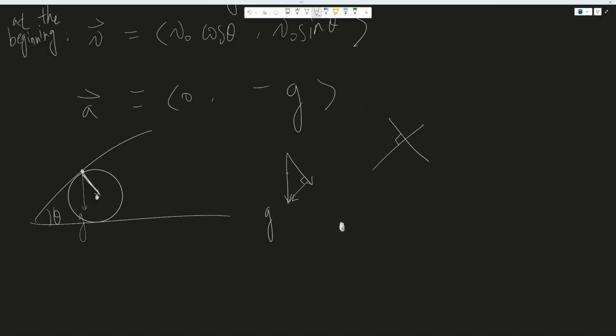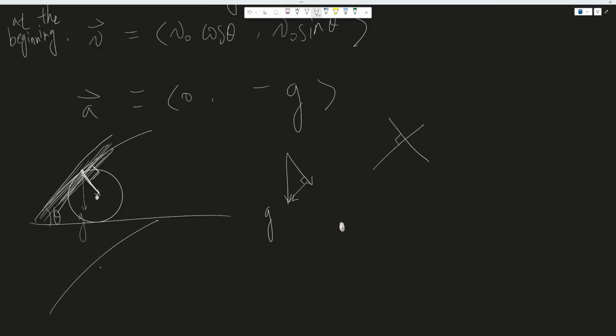And we need another angle theta, or some sort of known angle. How can we do that? Well, because this is a circle here, right? And we have a tangent. We know that the tangent and the radius of the circle at that point are always perpendicular.